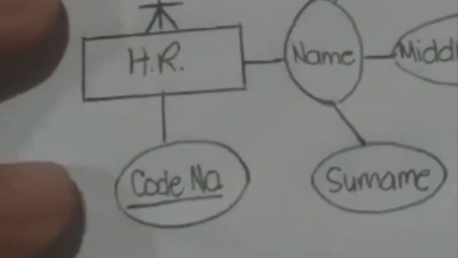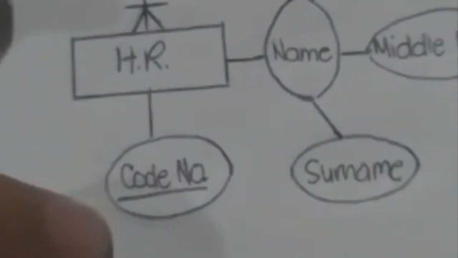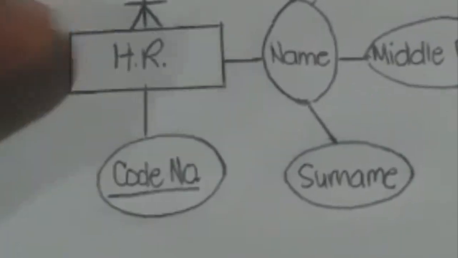The next entity that we will be discussing is the human resource that has attributes name and code number. The code number is the primary key of the entity human resource. Now the attribute name has three attributes, which are the given name, the middle name, and the surname.